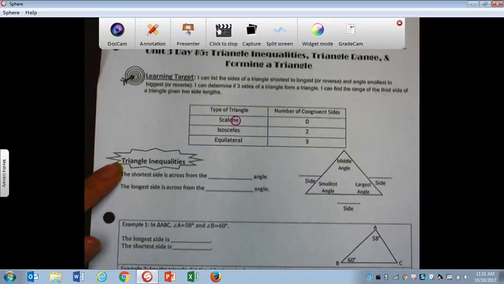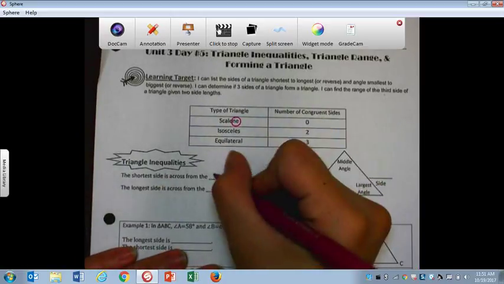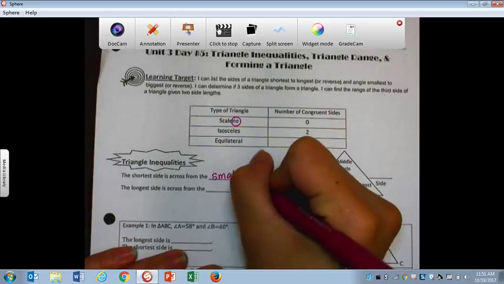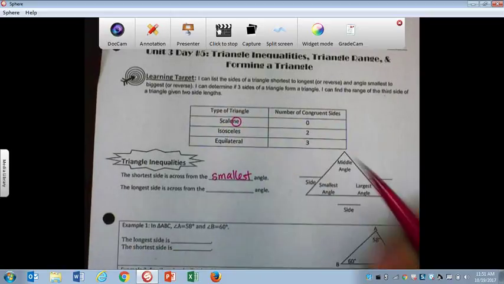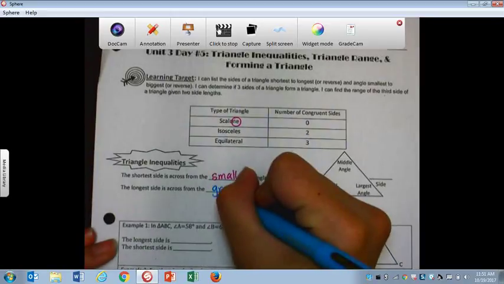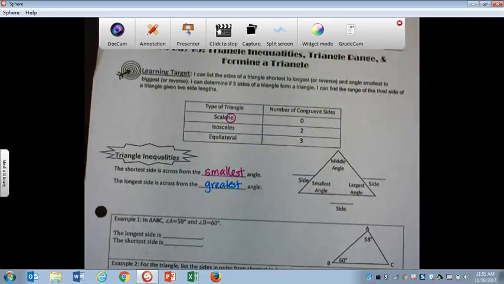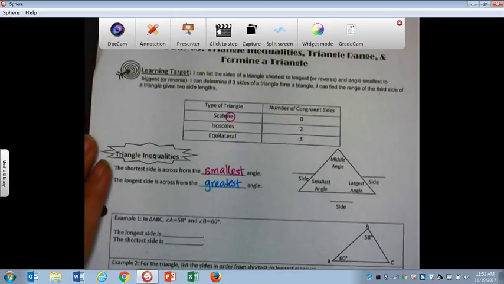Now, with the triangle inequalities, it's pretty simple. The shortest side is across from the smallest angle, and the longest side is across from the greatest angle. So super simple. You have to think of "across" as being able to draw a shooting arrow.